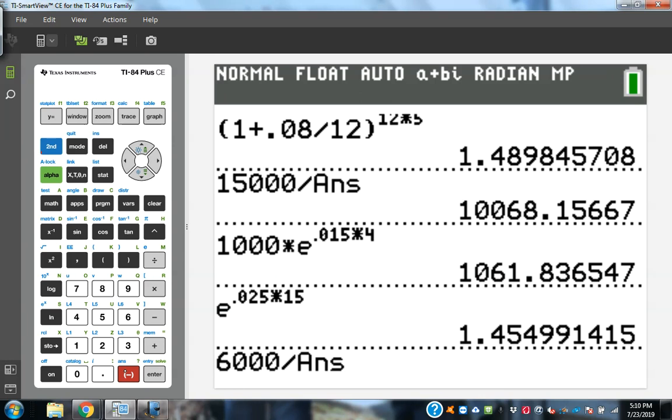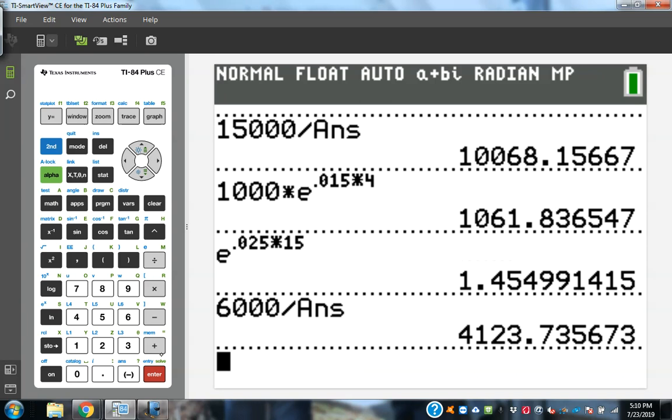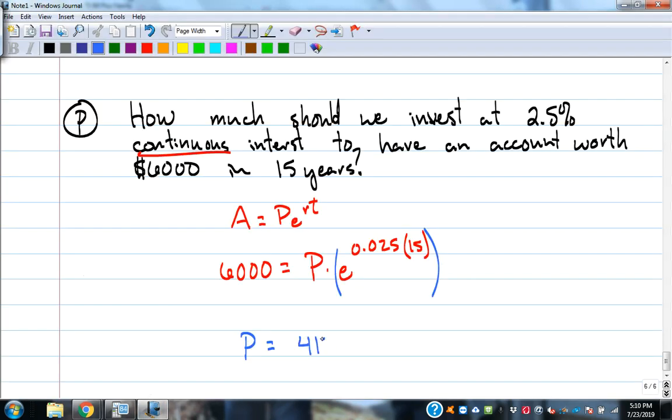It's using more than the digits you see. Hit enter. So I need to have $4,123.74 and put that in this account. If I do that, I'll have $6,000 at the end of 15 years.